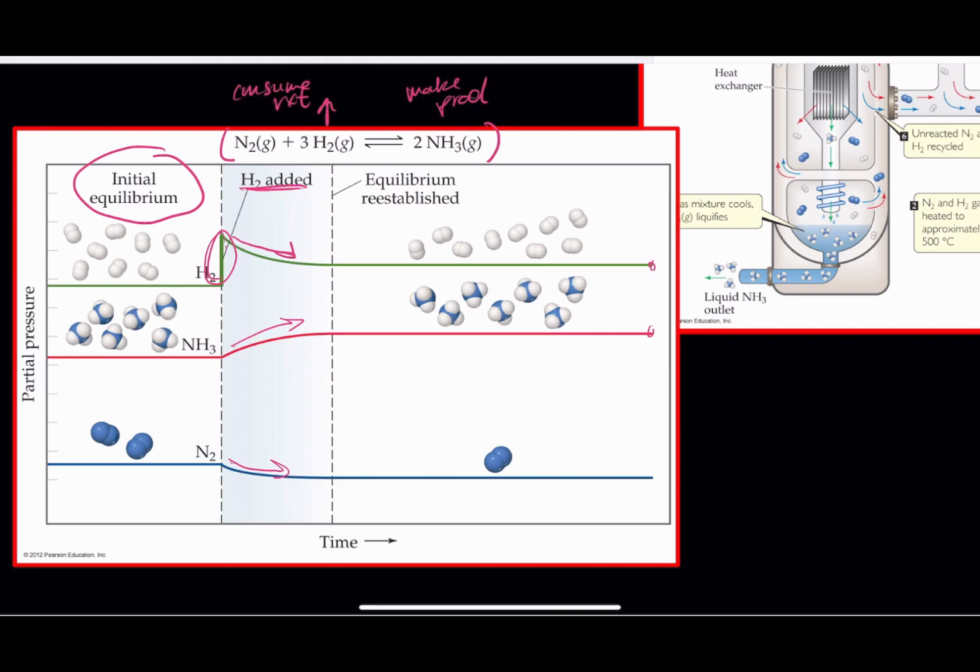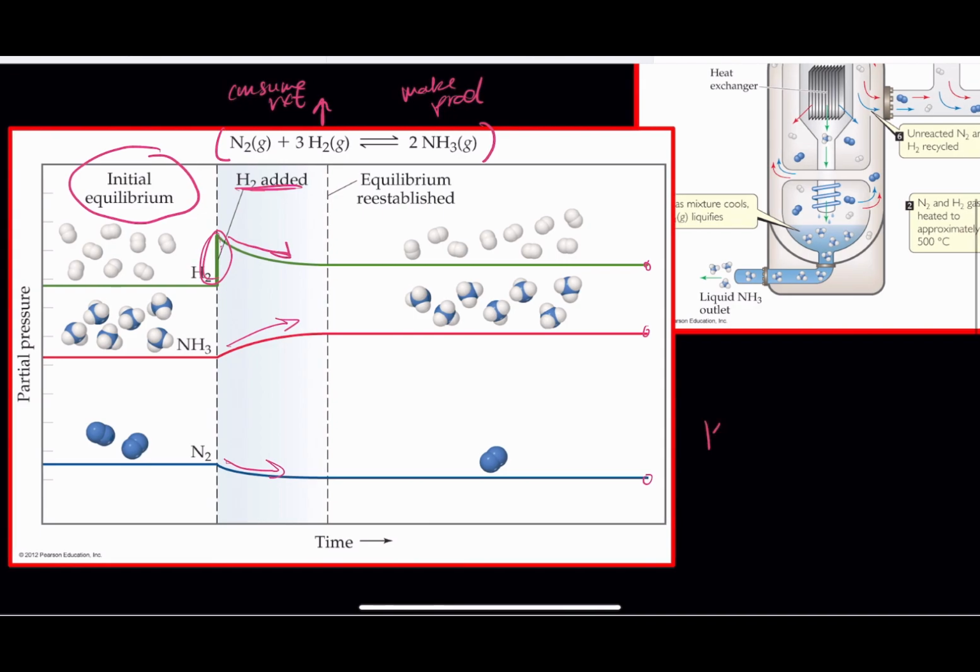We establish new equilibrium positions, but the ratio of each of those new concentrations is still going to be equal to whatever K is, where K is equal to NH3 squared over H2 cubed times N2. So that relationship is unchanged, but the actual numerical values that go in there will be different than they were before. Does that make sense? You can see it from the graph. Note that the N2 will be lower than it was before because we consumed some. H2, even though we consumed some, will be higher because that's what we added.